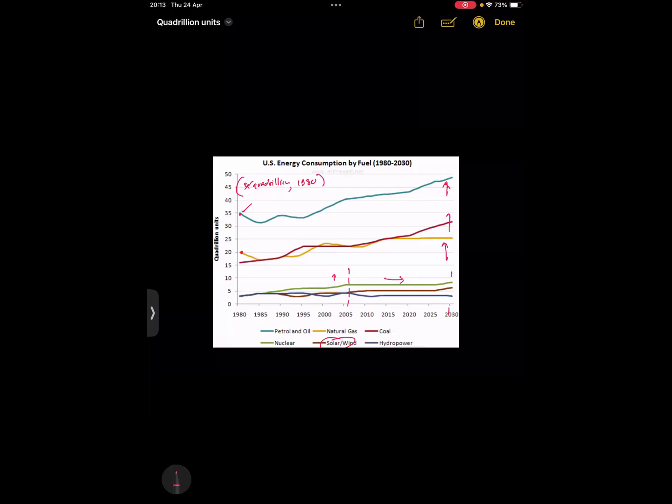Now, if you look at the blue line, it says hydropower. Hydropower seems to just fluctuate throughout the entire period. Unlike every other fuel source, it just fluctuates, going up and down, going up and down throughout the entire period.